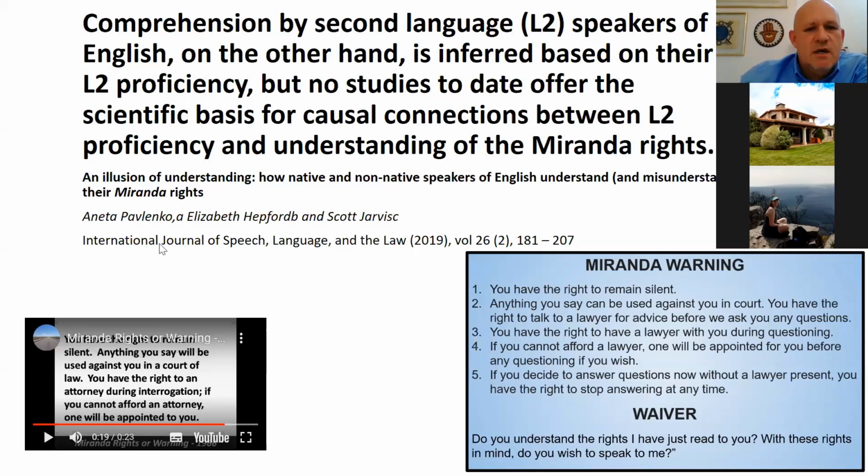This could be a good opportunity to create worksheets and materials that could actually help second language speakers to understand the Miranda rights, especially now, as we can see, the US does have large numbers of mostly Spanish-speaking immigrants coming in. So I think this is one practical way that forensic linguistic research can take the next step to a practical level.